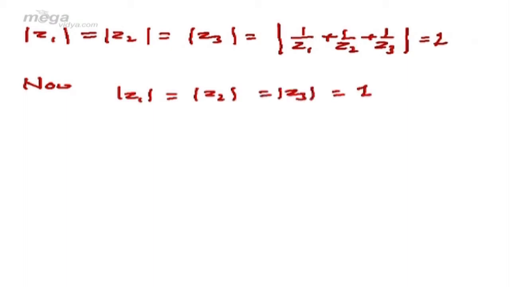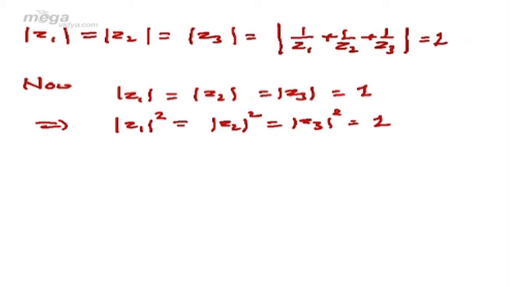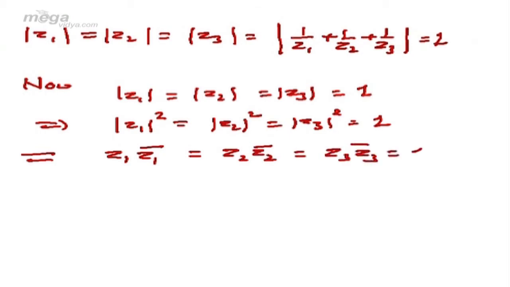If we square this equation, we will get mod of z1 square is equal to mod of z2 square is equal to mod of z3 square is equal to 1. This will become z1 bar z1 is equal to z2 bar z2 is equal to z3 bar z3 is equal to 1.